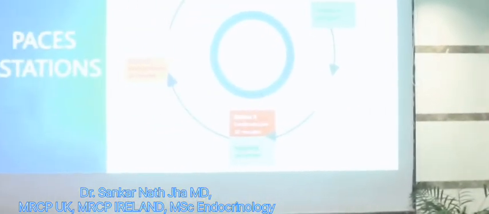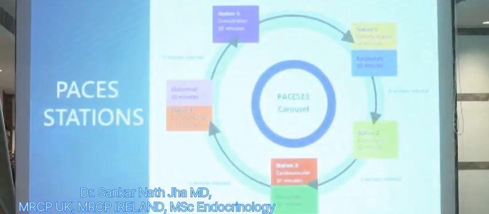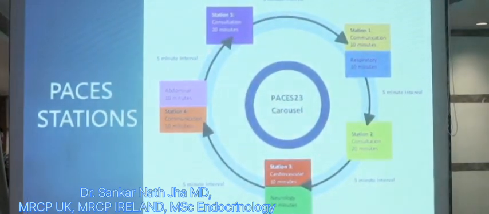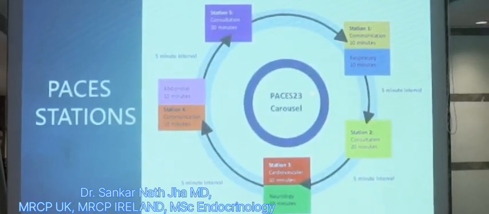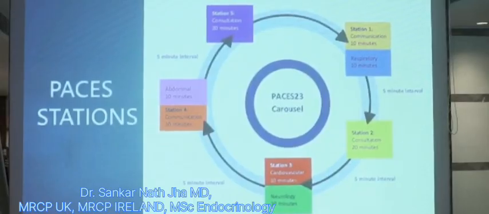What I was telling, you'll have to communicate with a surrogate and one respirator. All carousels are 20 minutes. So 20 into 5 is 100 minutes, plus 5 minutes gap between them, 225 minutes. So station 1 is communication and respiratory.